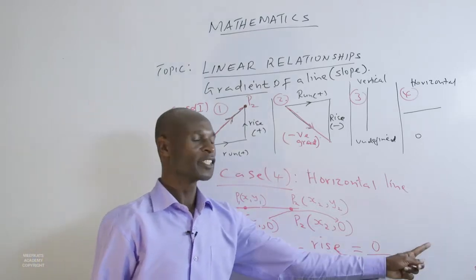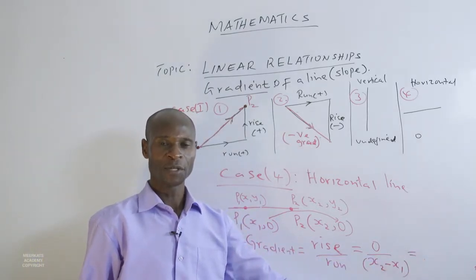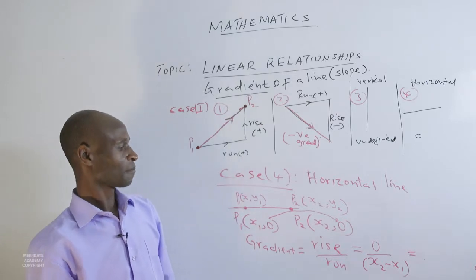So if you take a 0, divide by any value, the result is a 0.